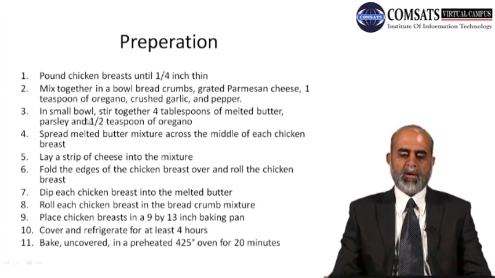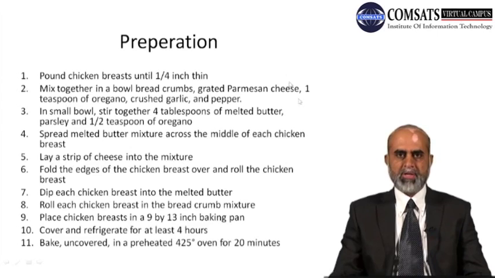In another small bowl, stir together 4 tablespoons of melted butter, parsley and half teaspoon of oregano. Spread melted butter mixture across the middle of each chicken breast. Lay a strip of cheese into the mixture.